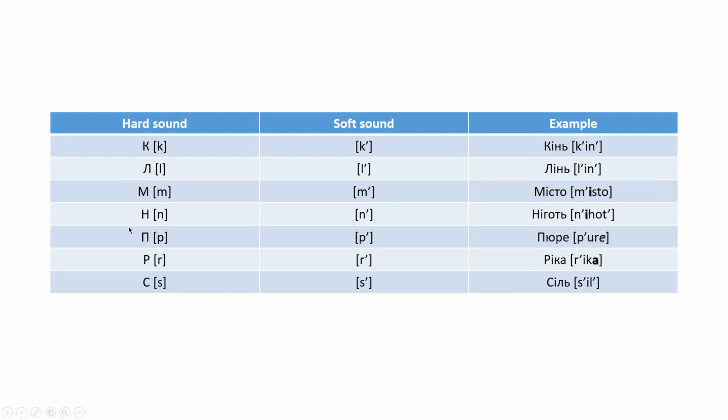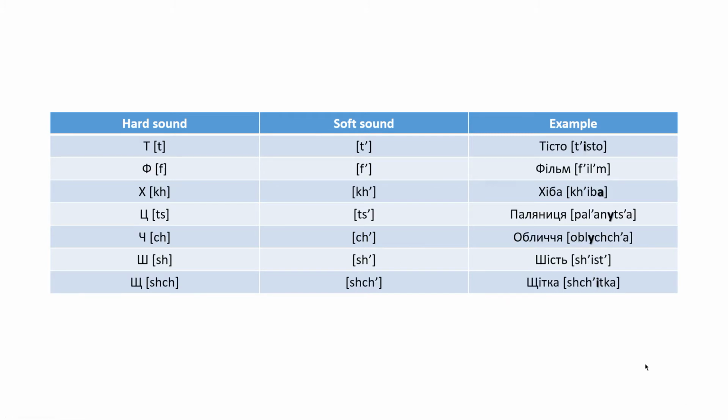Next letter is P, P, P, puree, puree. R, R, R, река, река. С, с, с, силь, силь. Т, т, т.